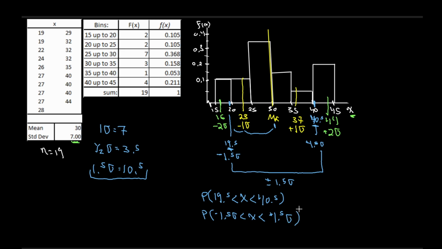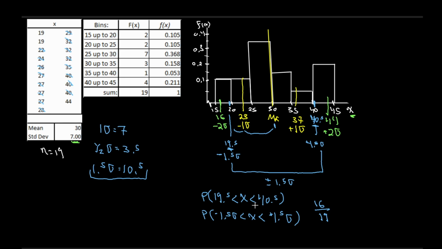Okay, just going to go count that then. Bigger than 19.5, so that's going to be 1, 2, 3, 4, 5, 6, 7, 8. Less than 40.5, so okay, we're at 8, 9, 10, 11, 12, 13, 14, 15, 16. In this case, we have 16 out of 19 observations that fall within this range.